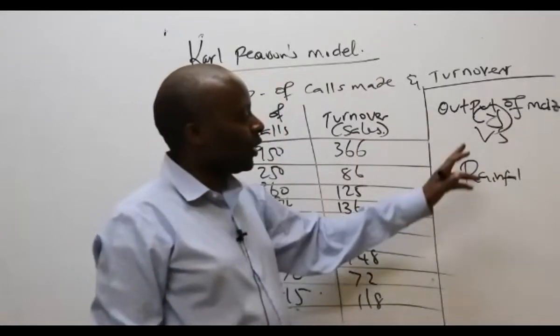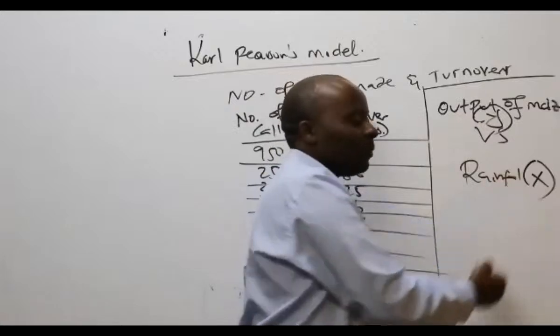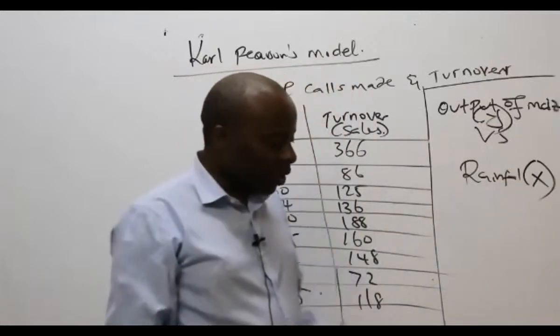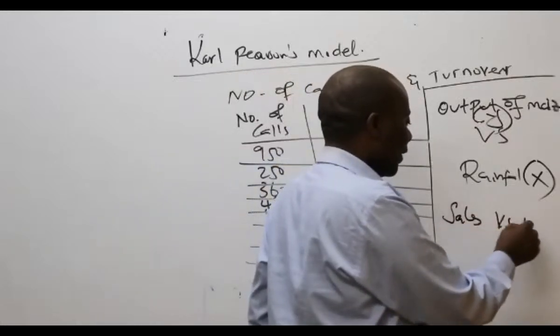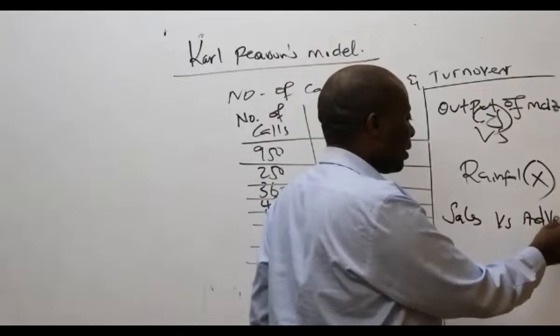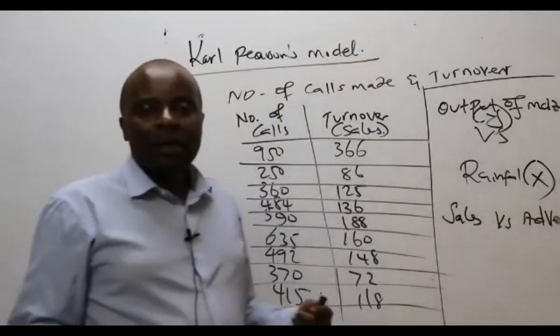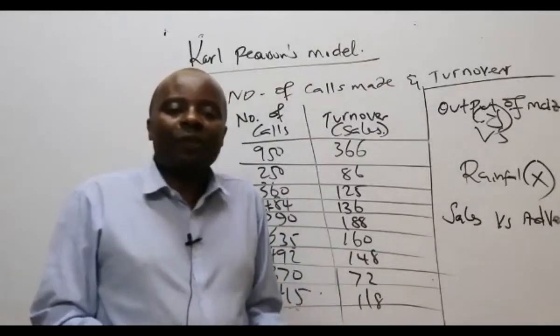And then, of course, after you have established the dependence relationship, rainfall in this case, the other one becomes what here? X. No, we are not communicating, ladies and gentlemen. Let me see whether we are able to communicate here. Sales versus advertising. Which one depends on the other? Which one should go to the y-axis? Is it sales or is it advertising?